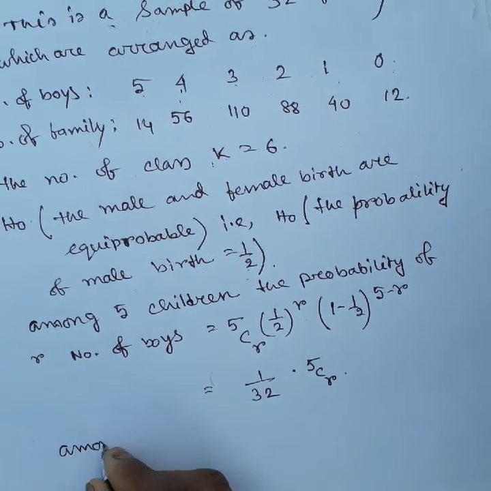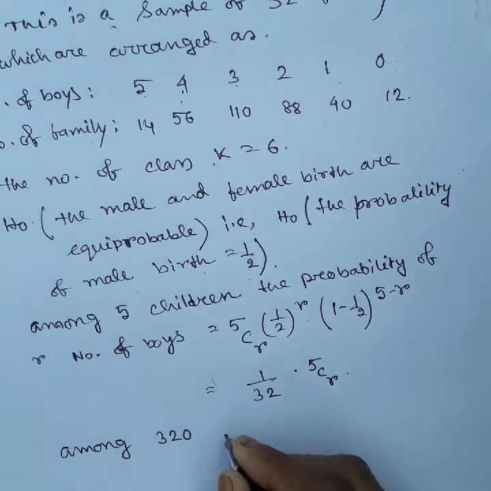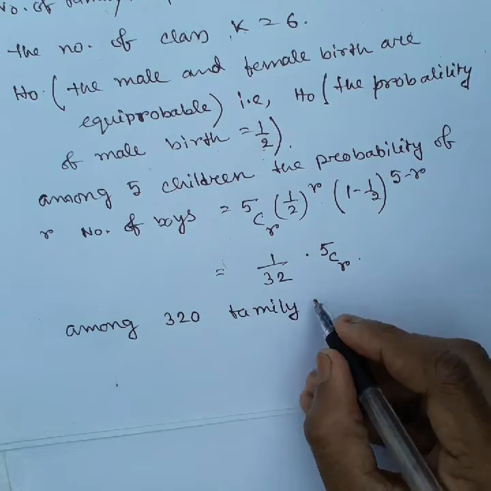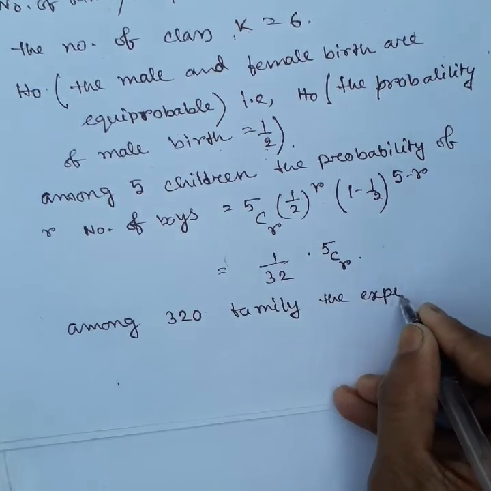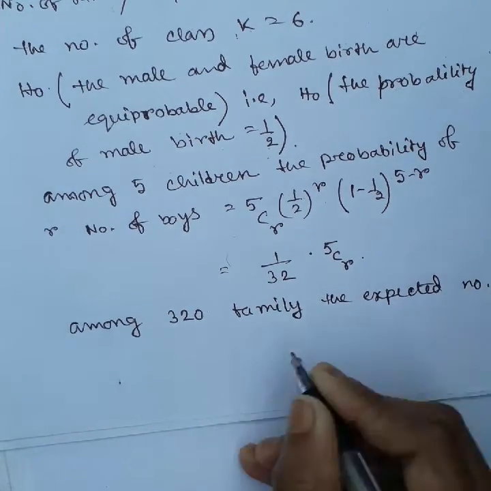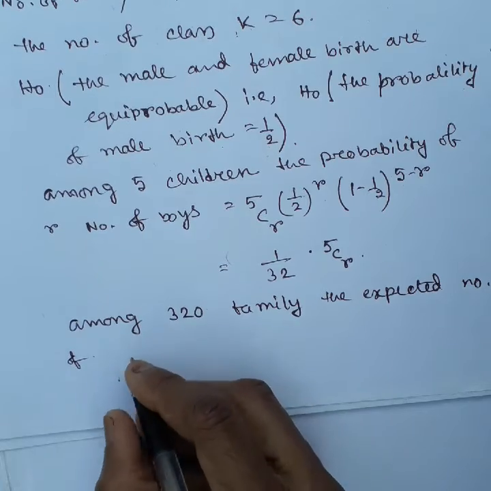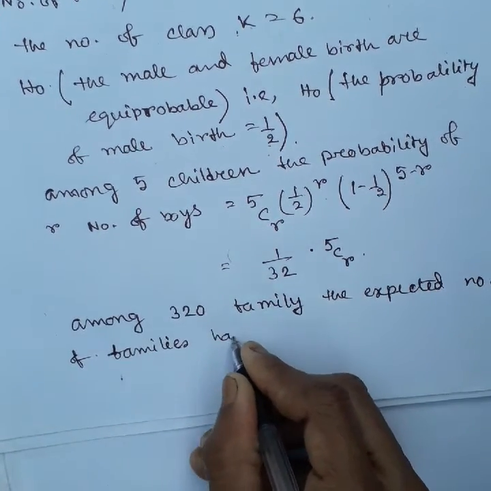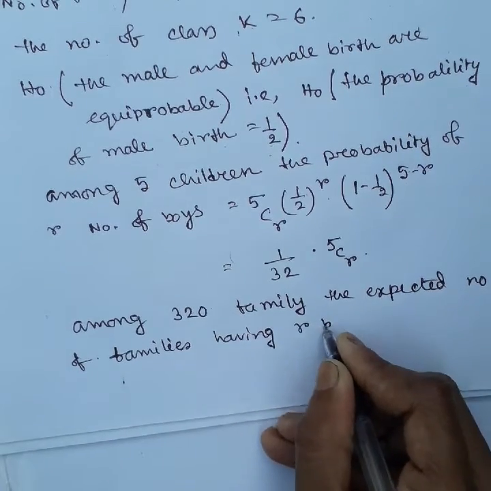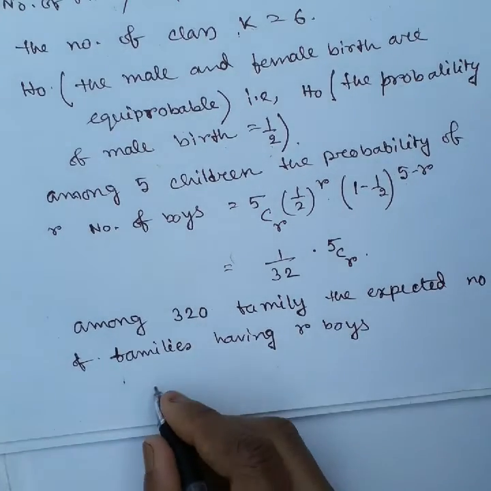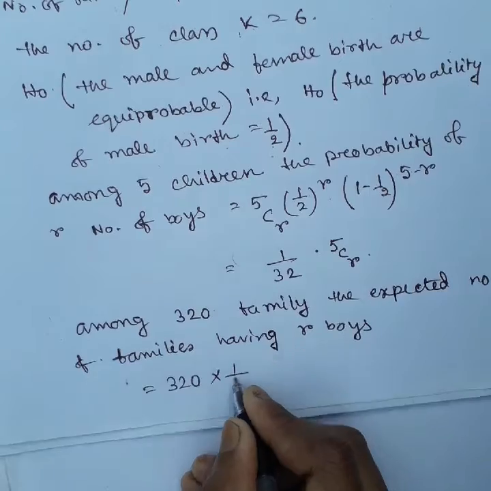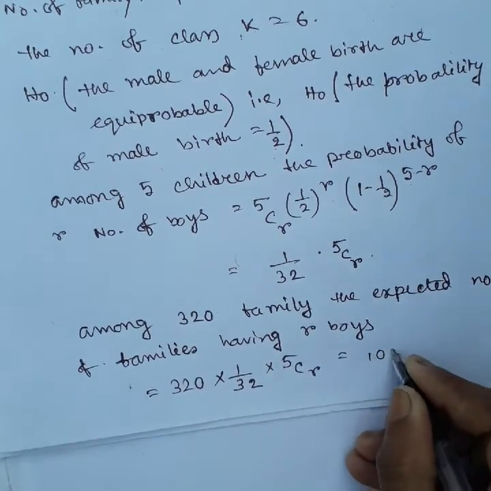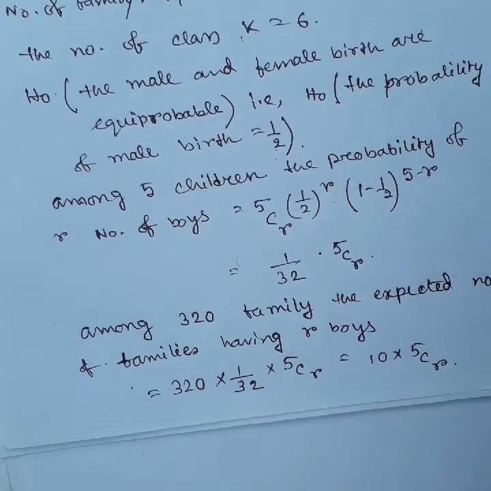Okay, so among 320 families, the expected number of families having R boys is equal to 320 into 1/32 into 5CR, that is 10 into 5CR.